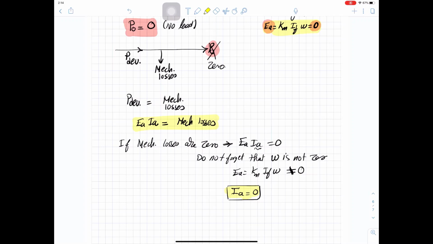Again, if we go back to the car example, if your car is stopped and your engine is running but the gearbox is at neutral, you still take gas to run the engine. So you still take some current to run the motor if it is a motor, or some gas to run the engine if you think about your car.